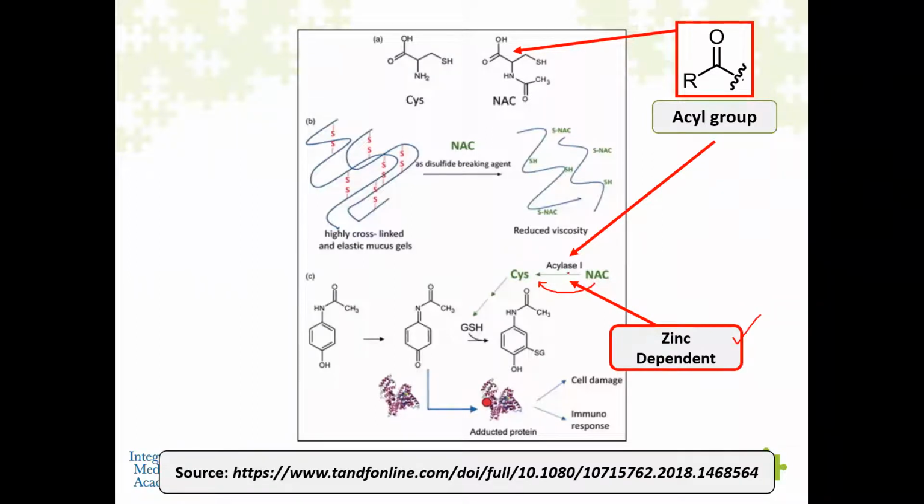I don't know if there could be other factors that might interfere with the function of the enzyme, for example. What I'm showing you is not a common phenomenon. It's just something to appreciate if you do see this type of scenario. Because if we have a defect in the acylase enzyme, we're going to have a problem deacetylating N-acetylcysteine to cysteine, and that is going to compromise our glutathione production.